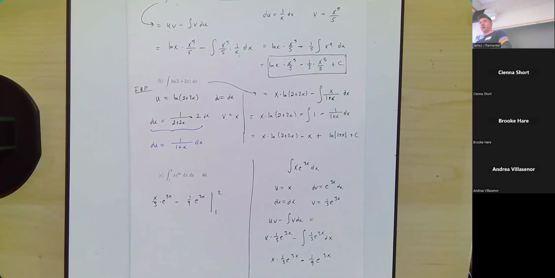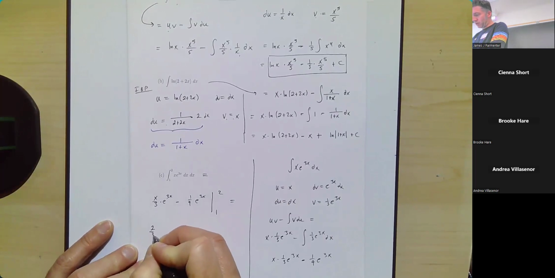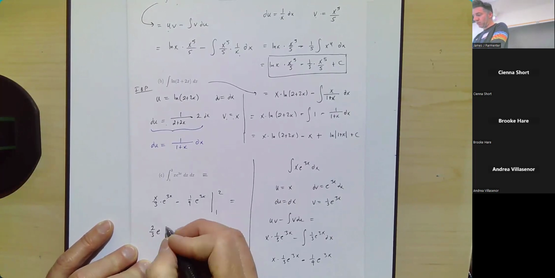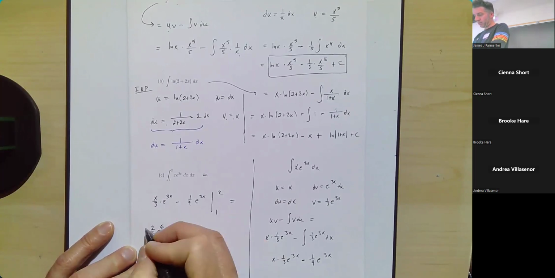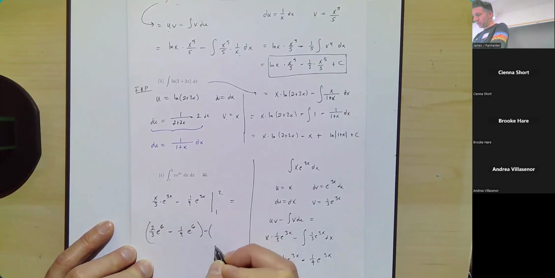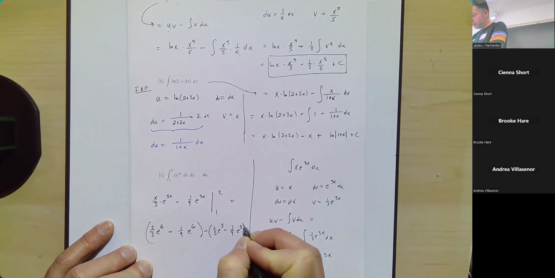You don't need a plus C here. And use the fundamental theorem of calculus to plug in the top and the bottom. So then doing that, we're going to get 2/3 e to the 3 times 2 minus 1/9 e to the 3 times 2 minus 1/3 e to the 3 minus 1/9 e to the 3.